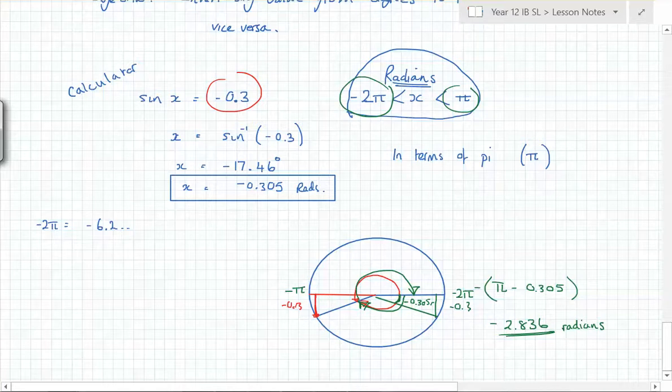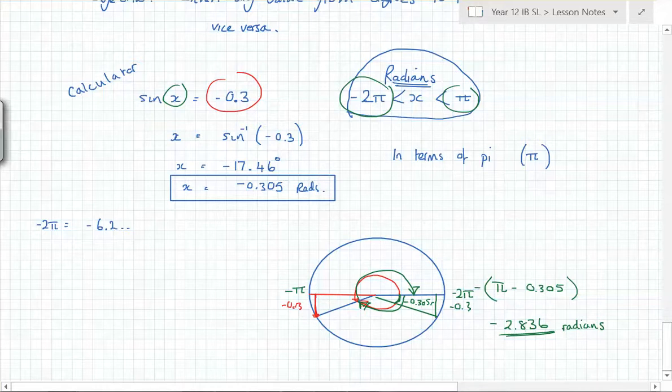But is there another solution? Because it's not going to be minus 0.3. Do you all get that, guys? If I go past minus pi, remember the domain is for the angle, but I need sine of that angle to be negative 0.3. But if I go past minus pi, sine will be positive.